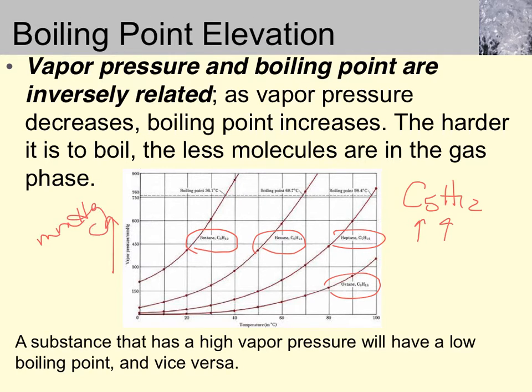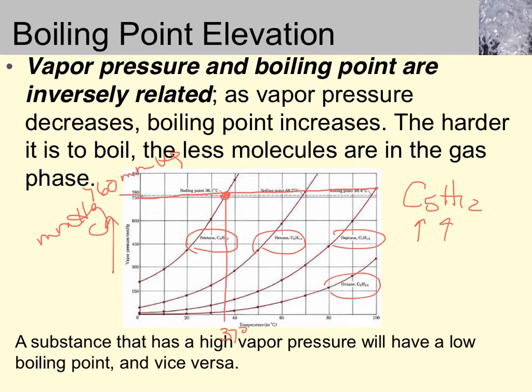So in those units, atmospheric pressure is 760 millimeters of mercury. So we draw the 760 line all the way across, and for this first curve, here's where it intersects with the vapor pressure curve, and that tells us that the boiling point of this substance is maybe 37.